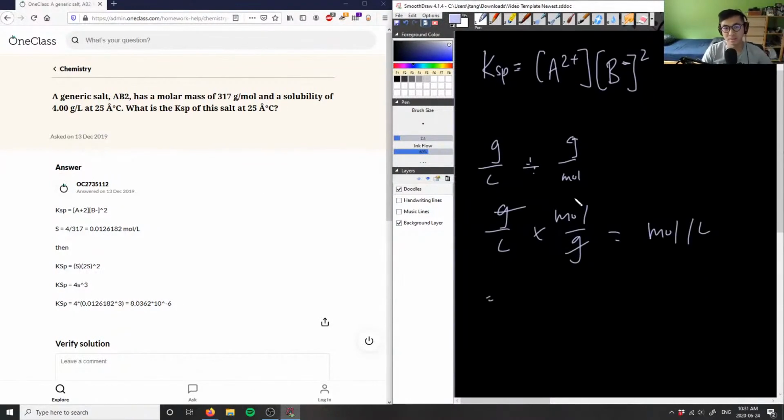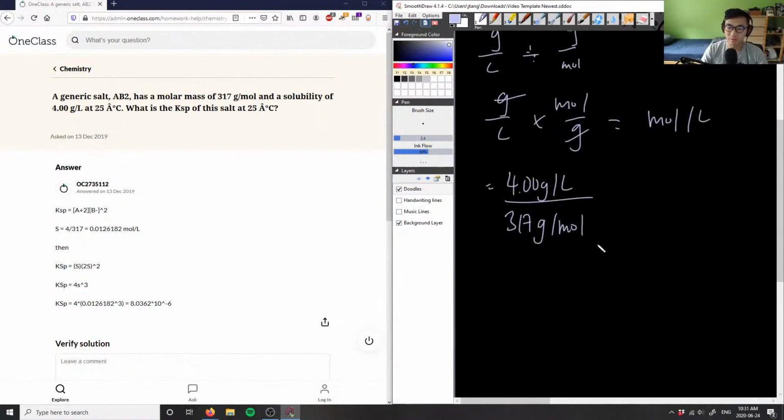The reason I did this is that we're not specifically given a formula relating solubility and molar mass, so we had to use dimensional analysis to figure out which units cancel to give moles per liter. That's why I did this little side work. So we have 4.00 grams per liter divided by 317 grams per mole, which gives moles per liter, because the grams cancel out and the moles come up.